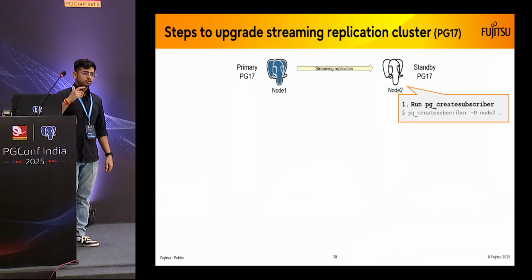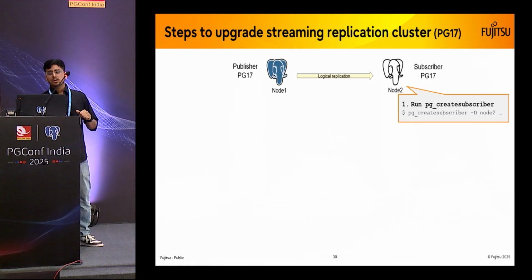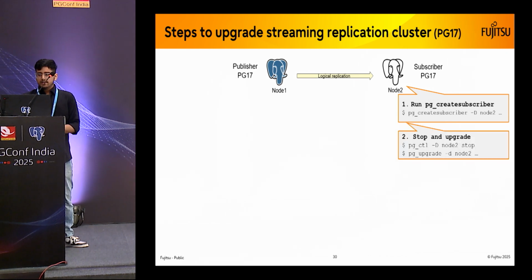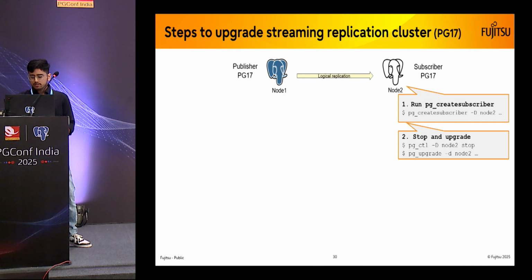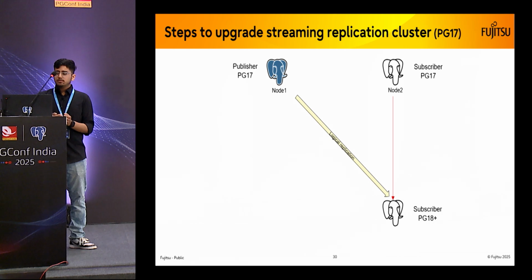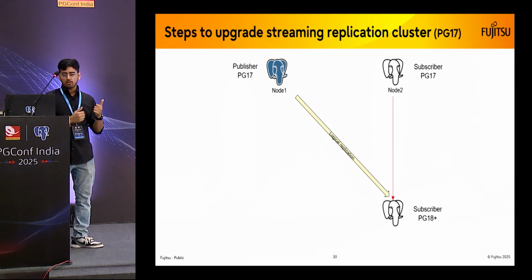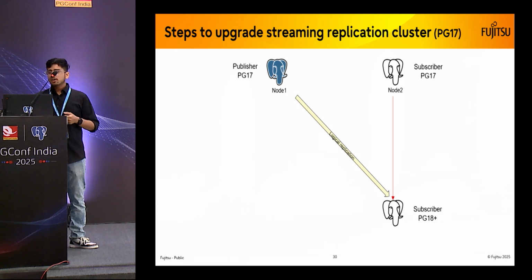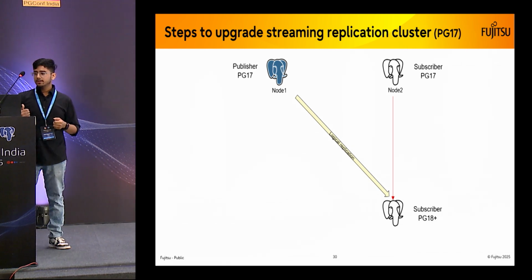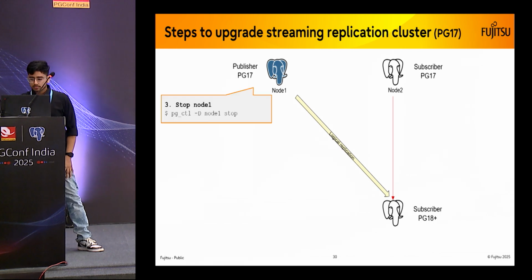First, to convert this streaming replication cluster to logical replication, we just run the pg_createsubscriber command, and then we stop node 2 and upgrade node 2. Once this is done, logical replication is automatically set up after the upgrade, because subscription related information is now preserved during the upgrade, and we don't need to do additional steps.